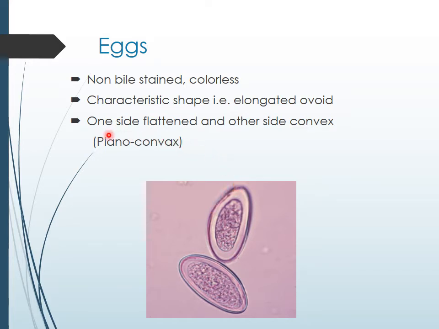So this is known as plano-convex morphology of this worm. It is an identifying feature of this worm, so you have to remember that. The size is 50 to 60 micrometer in length and around 20 micrometer in depth.